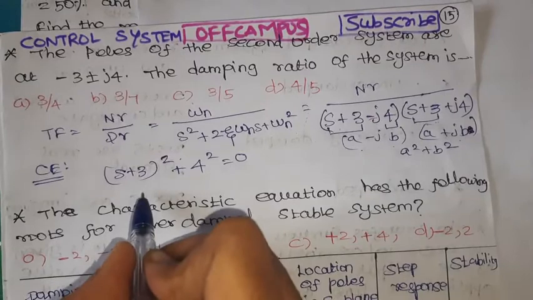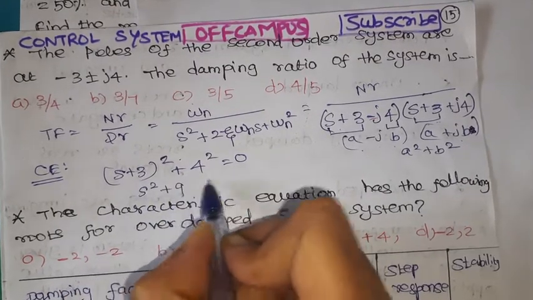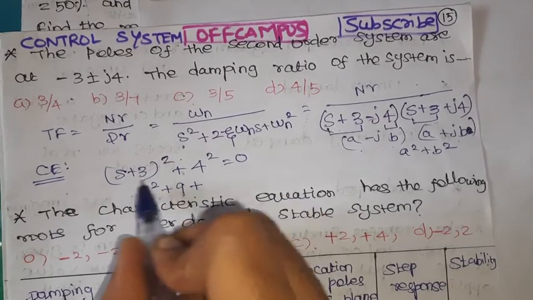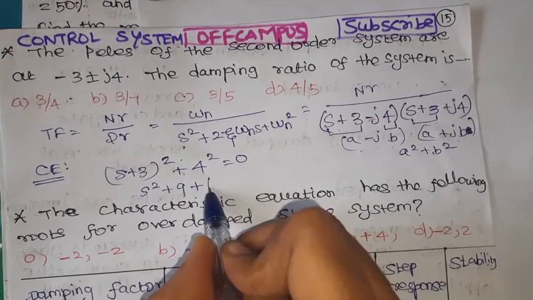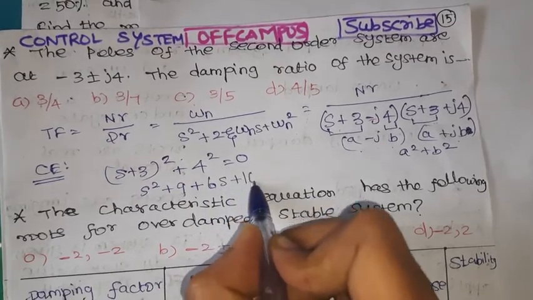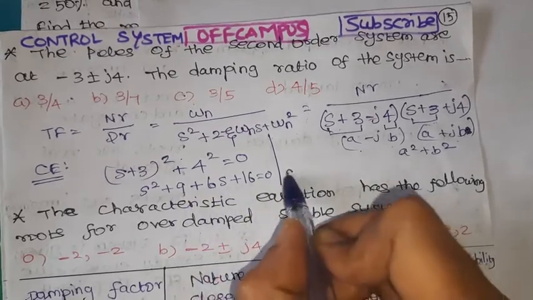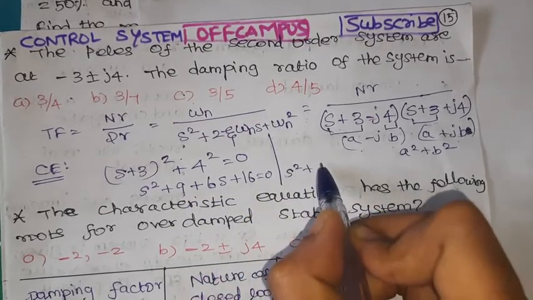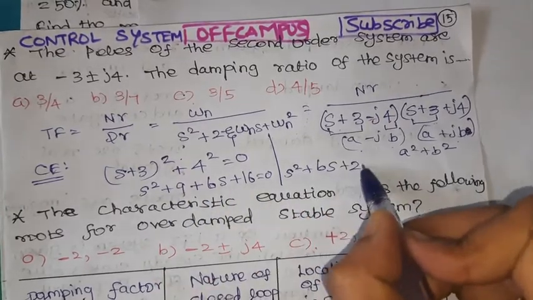By expanding this, what we will get? s squared plus 9 plus 6s, that is A squared plus 2AB with 2 into 3 equals 6s, plus 16 equal to 0. Then s squared plus 6s plus 16 plus 9, that is 25, equal to 0.